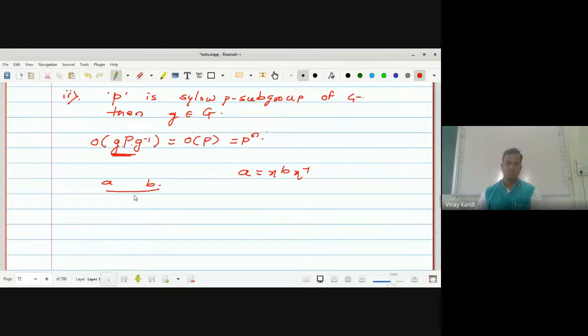Similarly, suppose H and K are two subgroups.